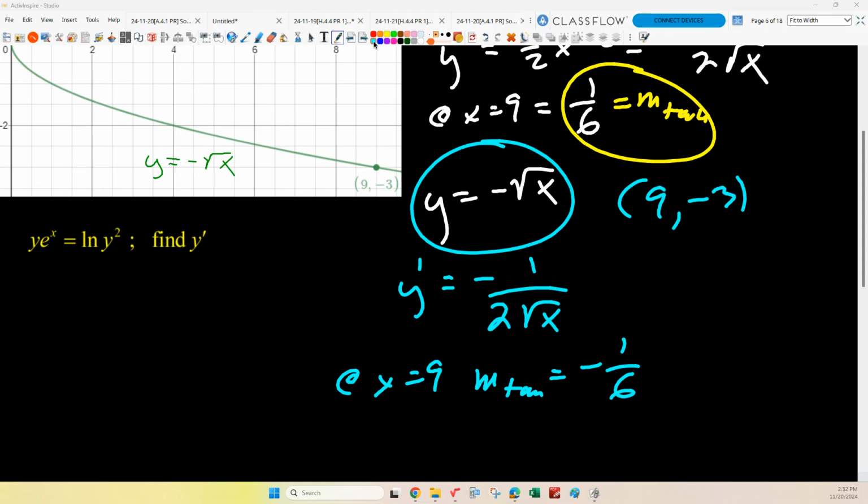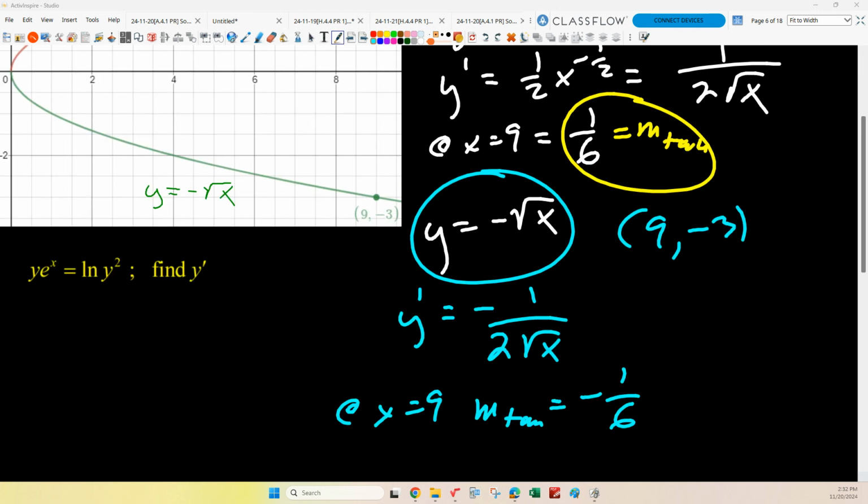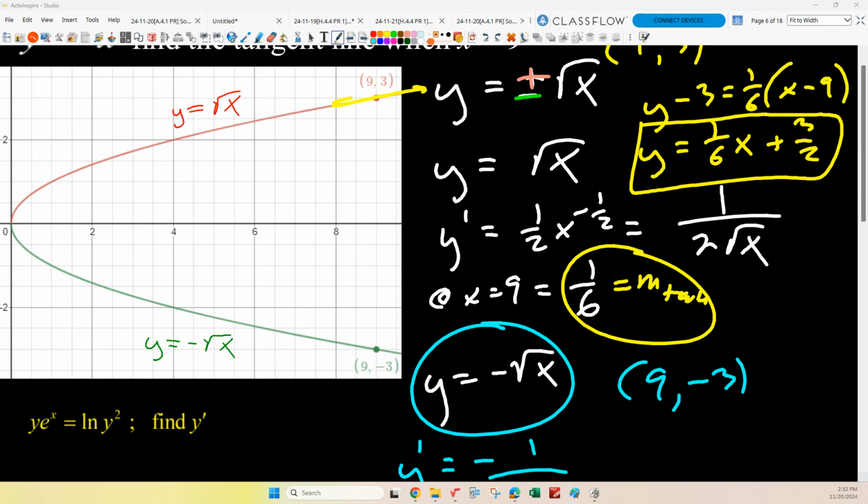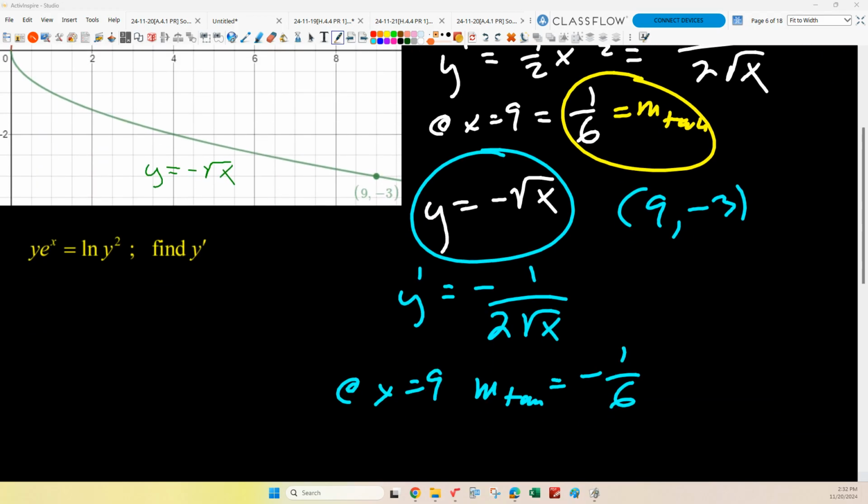And I could do all the same stuff. I could do point slope. What do you think I'm going to get for my answer? If I do all that, I'm going to get y minus negative 3, so y plus 3 equals negative 1/6 times x minus 9.